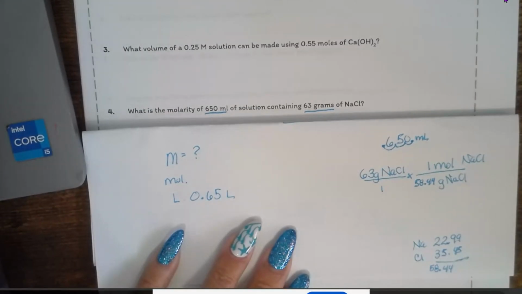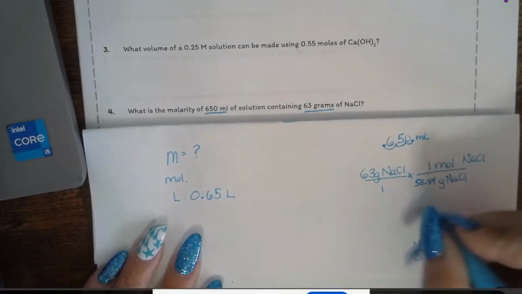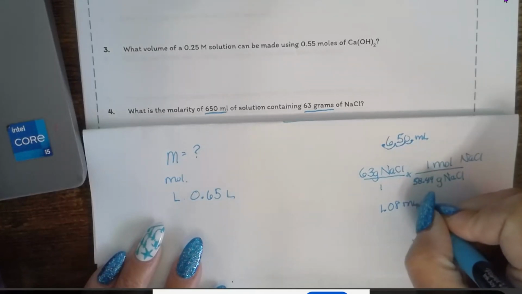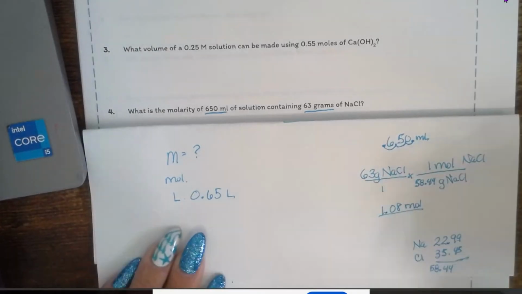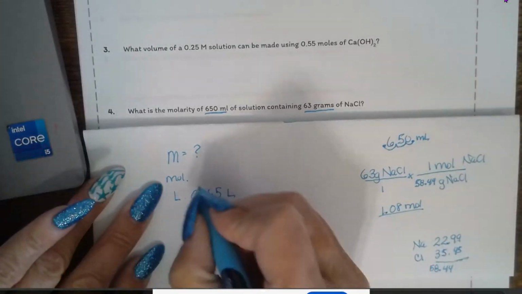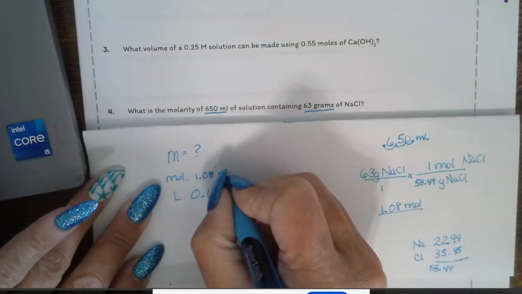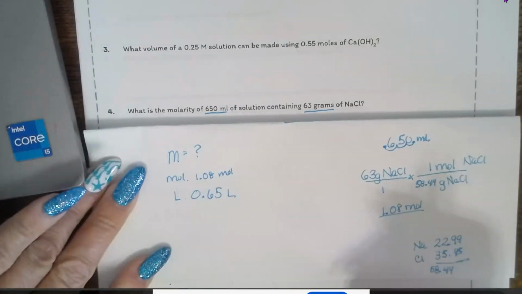So I'm going to do 63 divided by 58.44, and that is going to give me 1.08 moles. Okay, so now finally, I can plug this in over here, 1.08 moles, and I can finally solve for molarity.